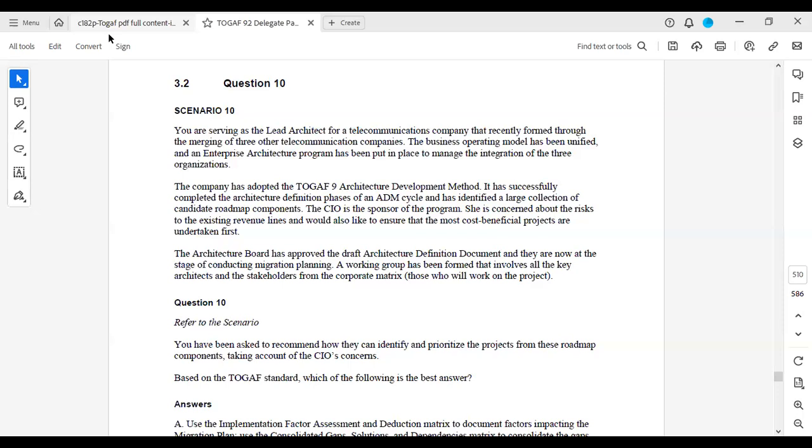Now, please remember when you do a migration plan, as I told you before, techniques are very important in TOGAF. This is a really good one. Not only this question, in any question technique plays an important role. You have to use the appropriate technique. It's not that using all the techniques is good.